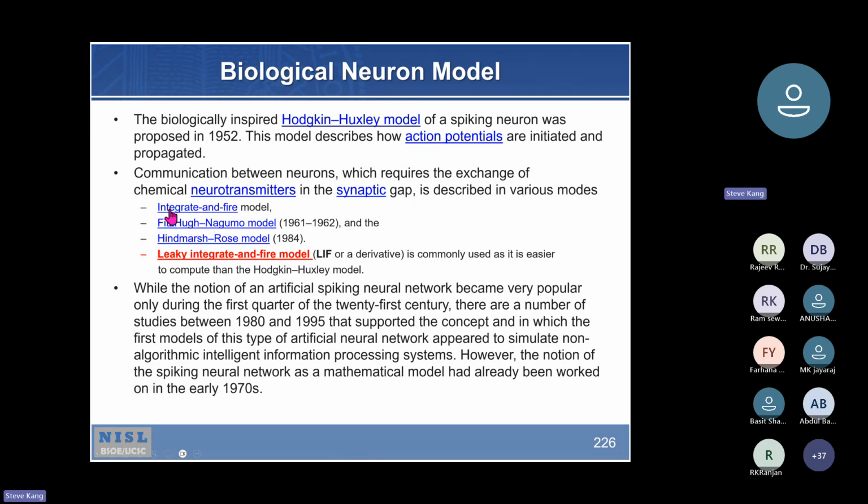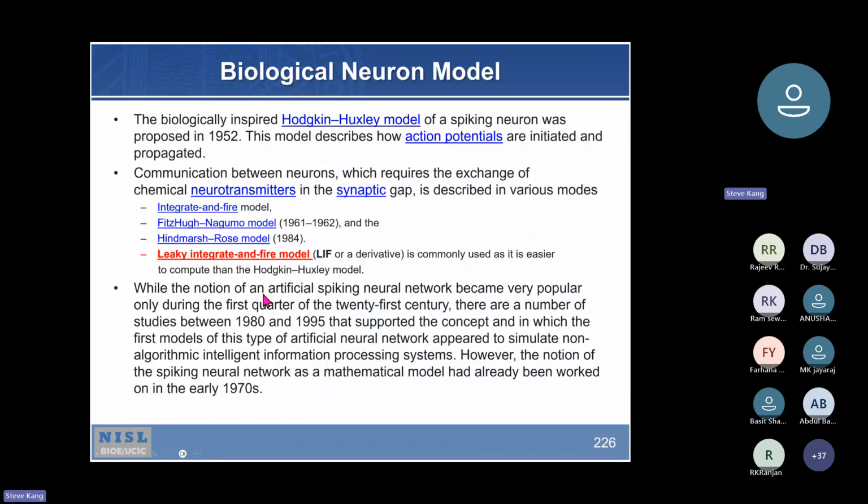So there is the integrate-and-fire model, the FitzHugh-Nagumo model from the early 1960s, the Hindmarsh-Rose model from 1984, but the most popularly used one is the leaky integrate-and-fire model, called the LIF. It's commonly used as it is easier to compute than the Hodgkin-Huxley model, which is a very complex, stiff nonlinear differential equation.